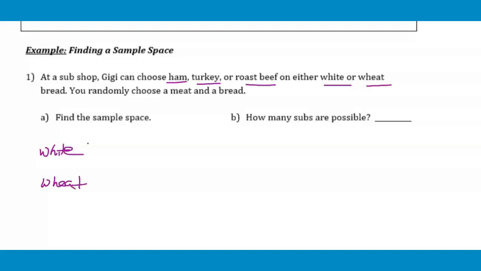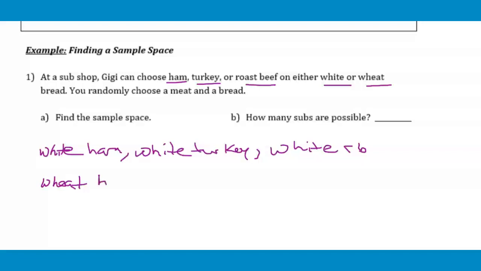So I could have white ham, I could have white turkey, and I'm listing all of these because it says find the sample space. So the sample space is a list of all the different combinations, and I could have white roast beef. I'm going to abbreviate that RB.